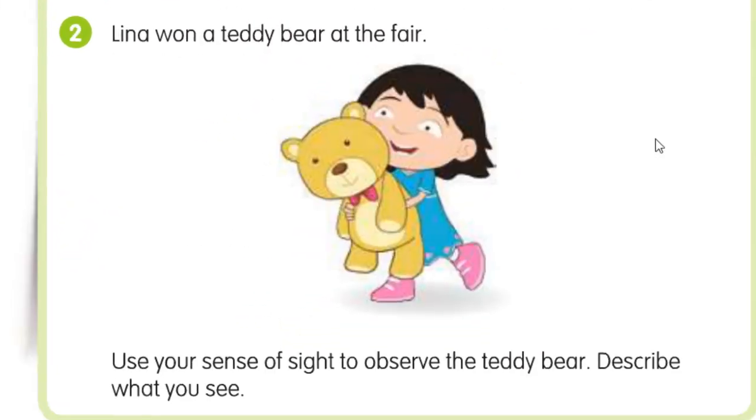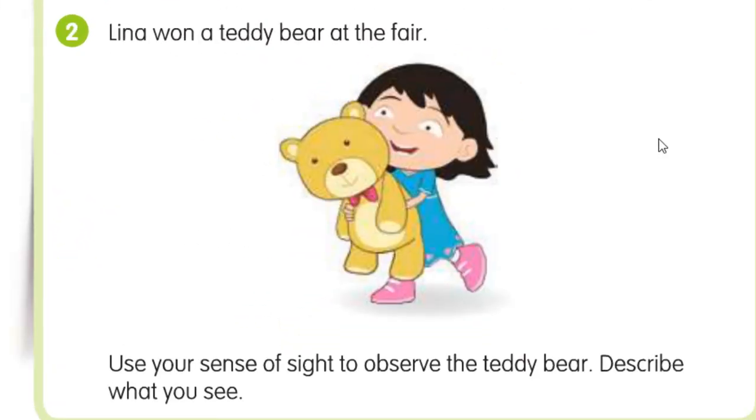Number 2, Lina won a teddy bear at the fair. Jadi Lina ini memenangkan sebuah boneka beruang di festival. Use your sense of sight to observe the teddy bear. Describe what you see. Jadi gunakan indera penglihatanmu untuk mengamati boneka beruangnya nih.